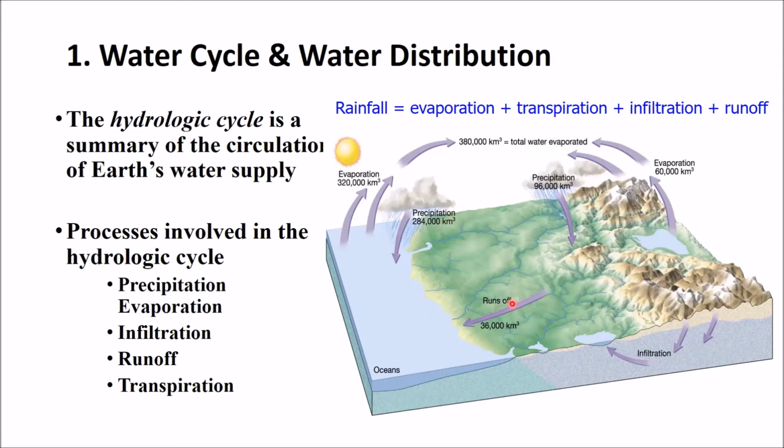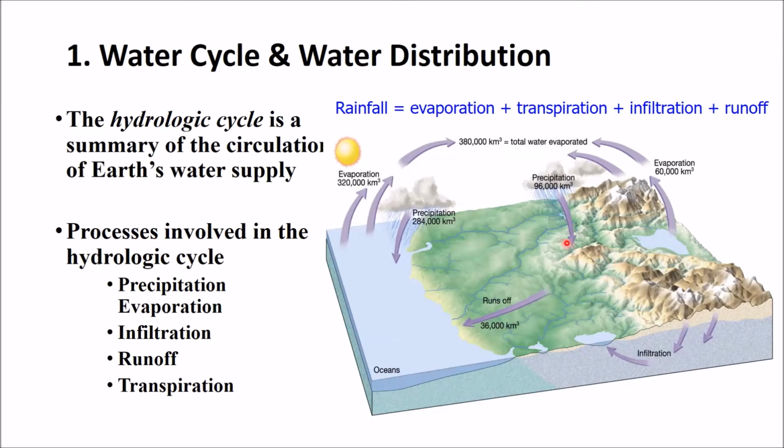From water on the surface, evaporation occurs. Then it will become cloud, and then from the cloud rainfall or precipitation occurs. And when the water reaches the surface, one part of the water runs or flows on the surface, and the other part infiltrates into the soil and rock layers, into the ground.